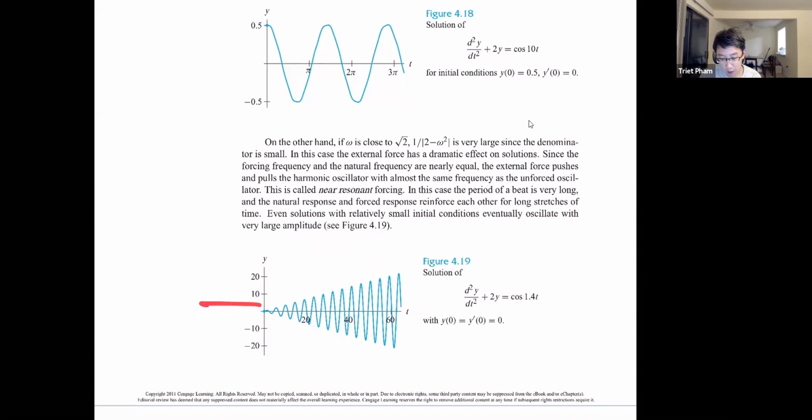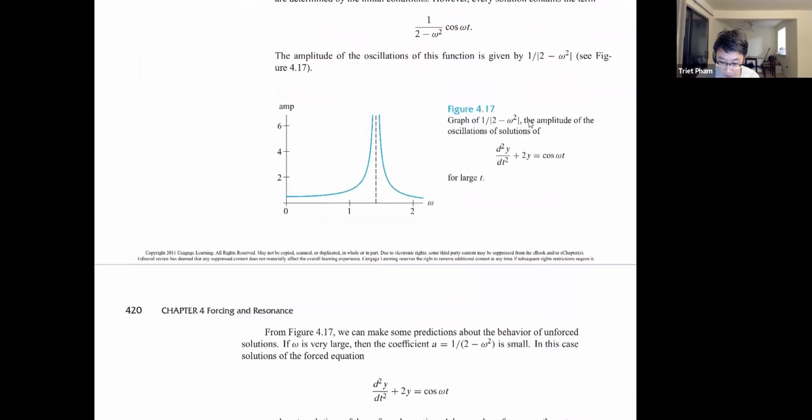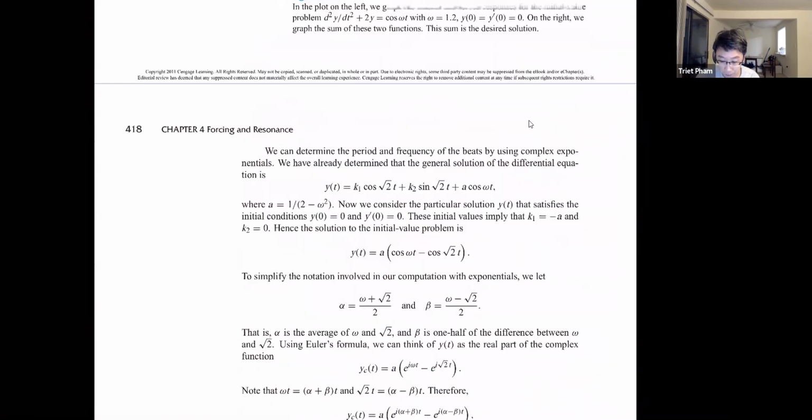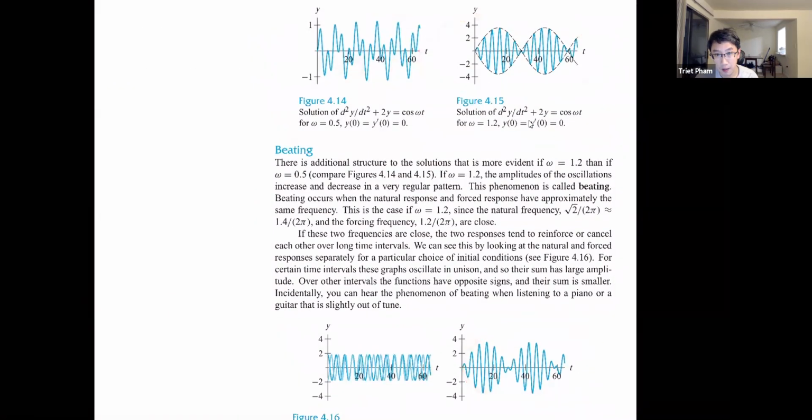I guess this picture is clear. If you see the math, the beat is a little bit more subtle to see. And when things are far away, that is what this picture is demonstrating. Any question on this?